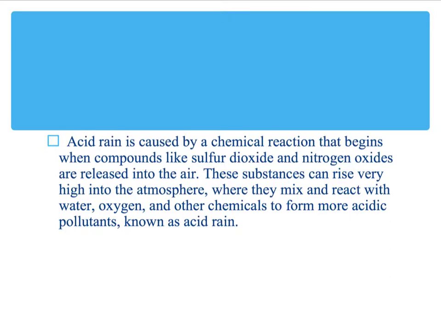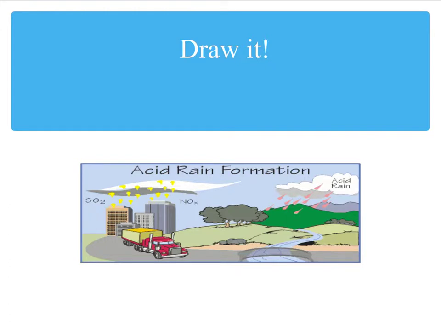Now, this is pretty much the fancy explanation for how acid rain starts. It's going to mix with nitrogen and sulfur in the air, and those tend to be high up in the atmosphere. Up high in the atmosphere is where clouds form their rain, and that's when it's going to come down. I think you guys have a spot to draw the acid rain cycle.